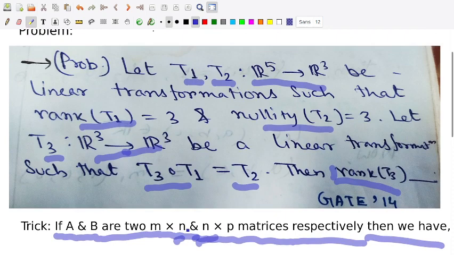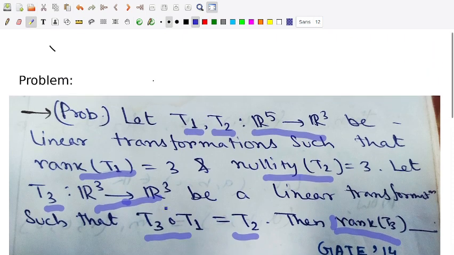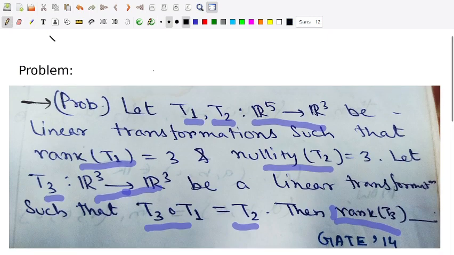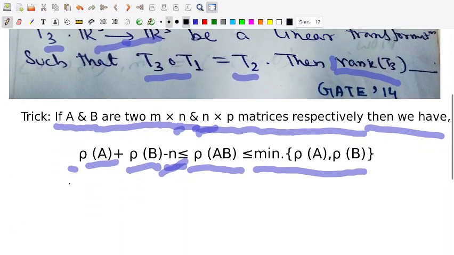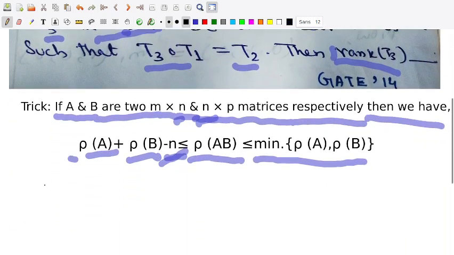So here the rank of T1 and the nullity of T2 is 3. Okay, let's write. Here the nullity of T2 is 3.